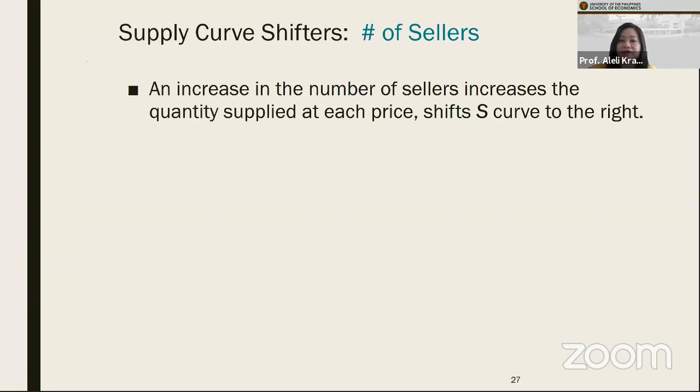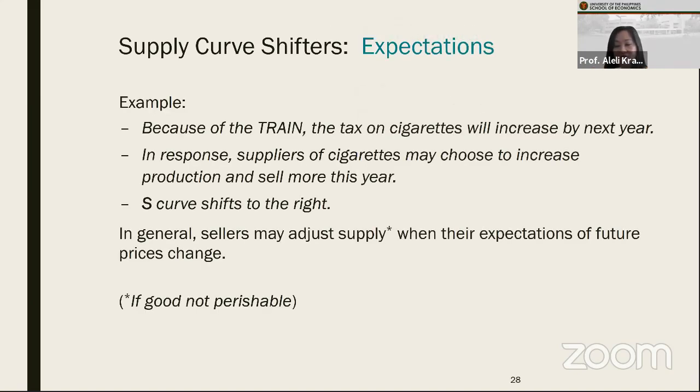Also, of course, an increase in the number of sellers increases the quantity supplied at each price, and therefore it will shift the supply curve to the right. Okay? And the last, at least for now, would be expectations. Expectations influence the willingness of firms to supply. In this pandemic, for example, firms may expect that people's income will not recover swiftly, so that they expect prices to remain low.